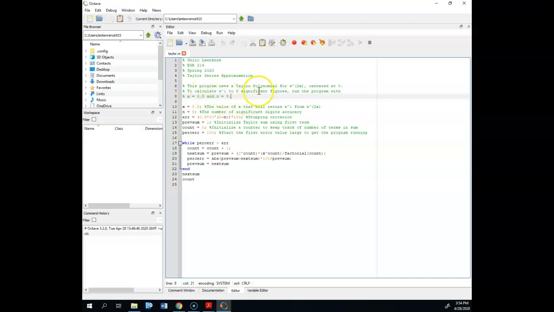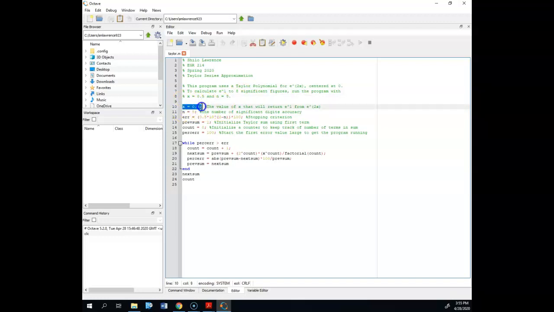Because my program is for e to the 2x, if I want to find e to the first, that means 2x is equal to 1, which means x is equal to a half. So I'm going to be running this program with x equal to a half, and n equal to 8, because that's the number of significant figures that I want my answer accurate to.